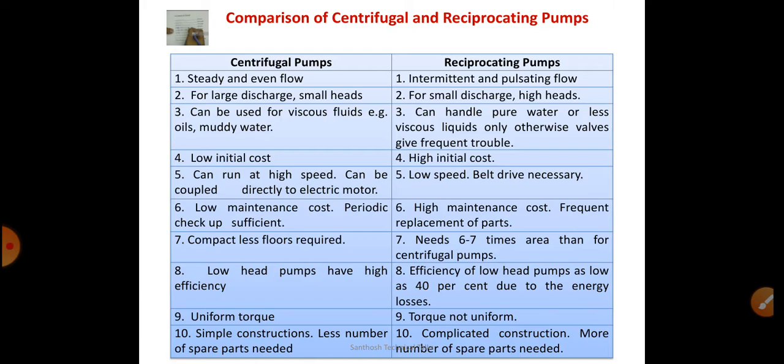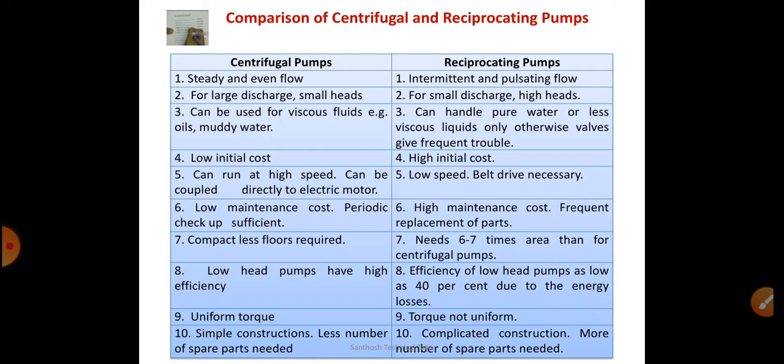That is why a belt and pulley arrangement is there, so the rpm is reduced in order to run the crankshaft. Next, the centrifugal pump has low maintenance cost, periodic checkup is sufficient, whereas the reciprocating pump has a high maintenance cost and frequent replacement of parts.